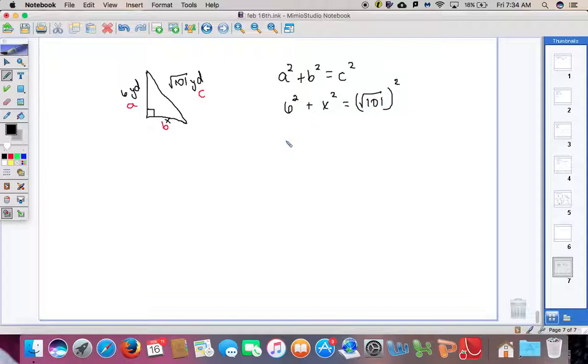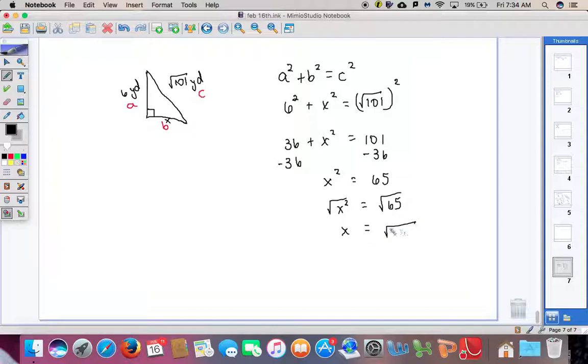Now 6 squared is 36, and the square root of 101 squared is 101. So now I'm going to subtract 36 from each side, and when I do that, I have x squared is equal to 65. And then I would take the square root of each side, because I need just a simple x. So the square root of x squared is x, and the square root of 65.